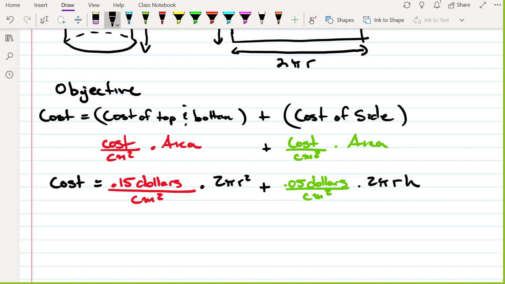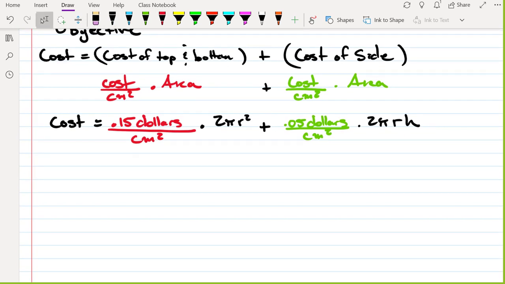So that gives us our cost, and we can simplify that a bit if we want.